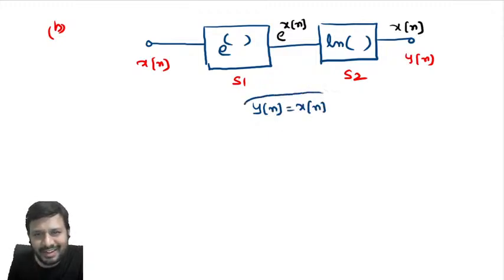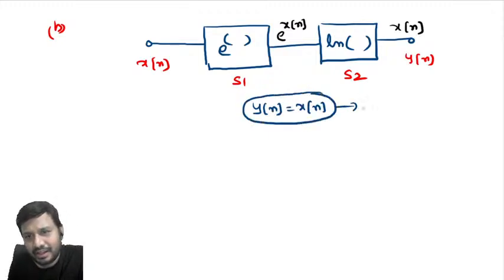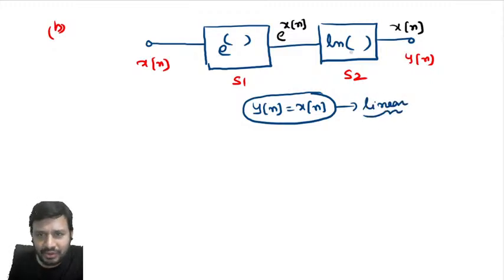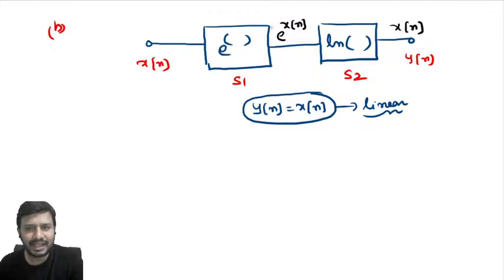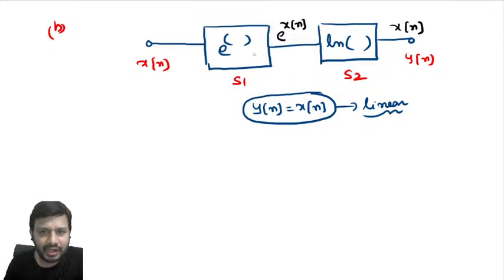Now y of n equal to x of n is linear or non-linear? It is linear. Two nonlinear systems I connected in cascade, but I am going to get the overall system as linear. So we cannot say that if you connect two nonlinear systems in cascade, the overall system is linear or non-linear. It depends on the individual systems.